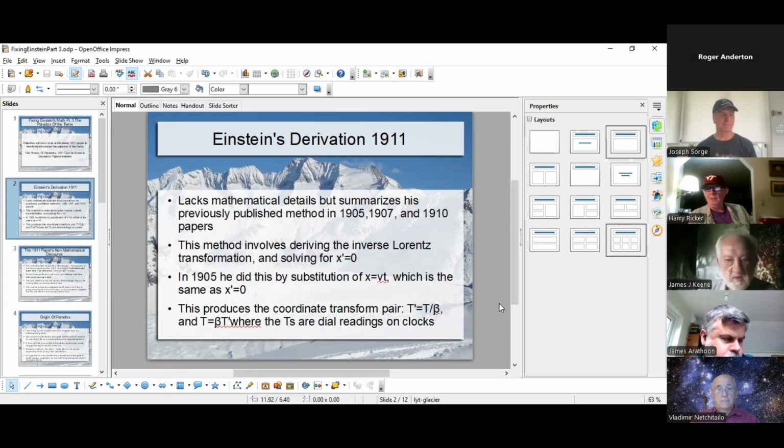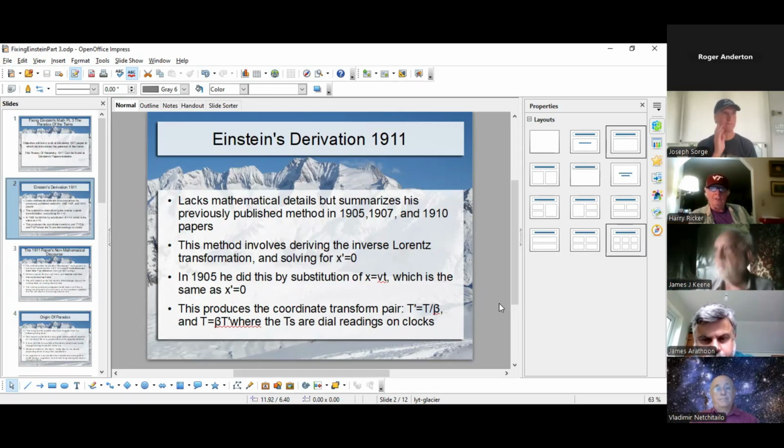But here's the point of this 1911 paper. He introduces what we would call today the twin paradox. Okay, so he doesn't actually present a twin paradox, as we'll find out, but it's kind of the nucleus of the idea.